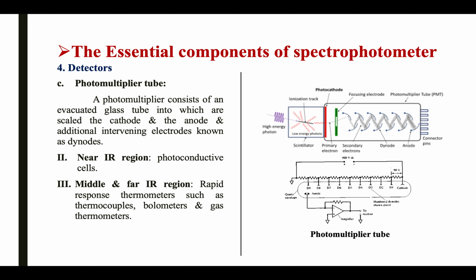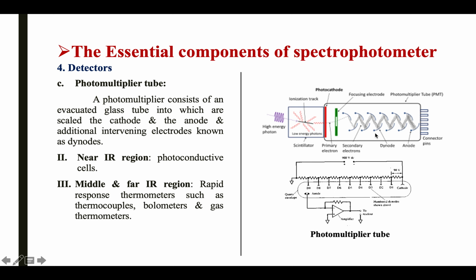In this schematic diagram we have shown the device. The photocathode surface is similar in composition to the surface of phototubes described in the figure, so it emits electrons when exposed to radiation. The tube also contains additional electrodes called dynodes.